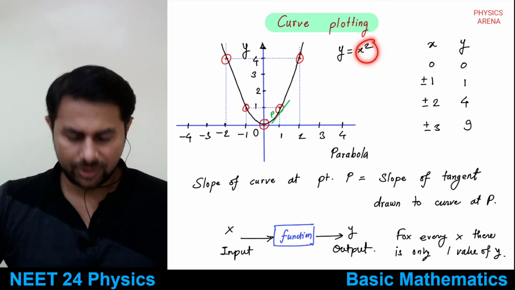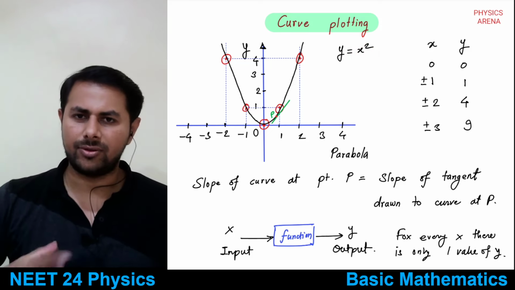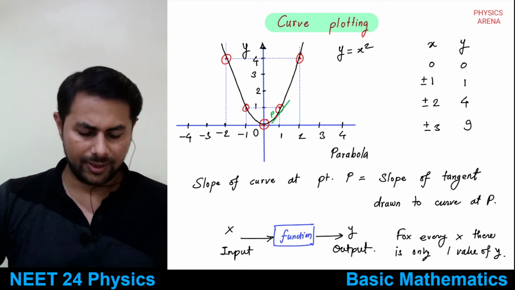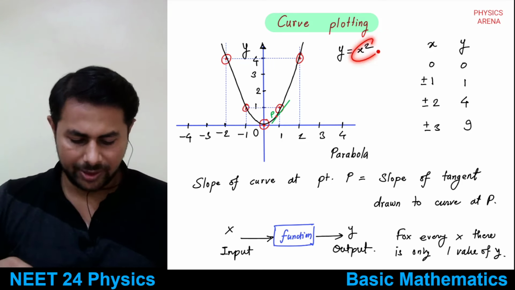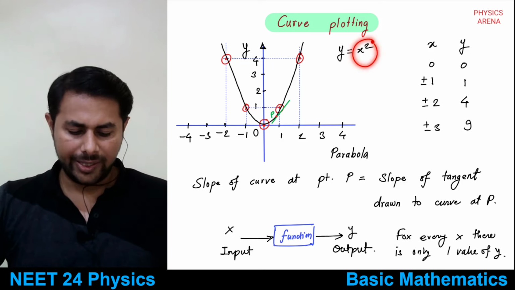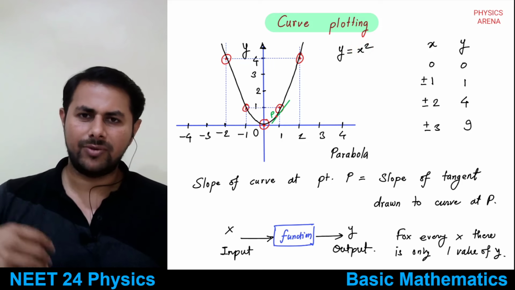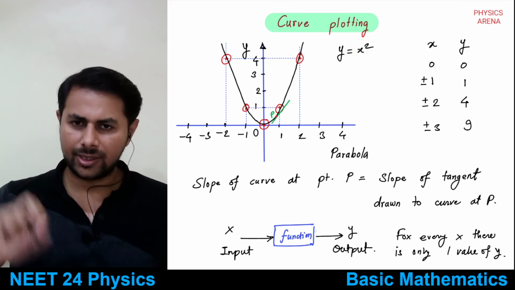This x is called an input. You are giving the value of x and you are trying to find out the value of y, right? You are giving the value of an input, and you want the value of y. So if for each value of x you get only one value of y, then that kind of equation is known as a function.